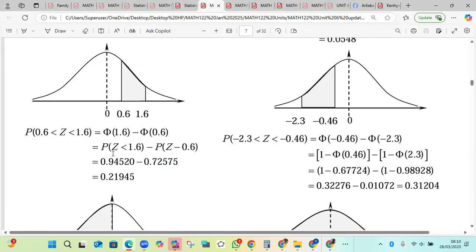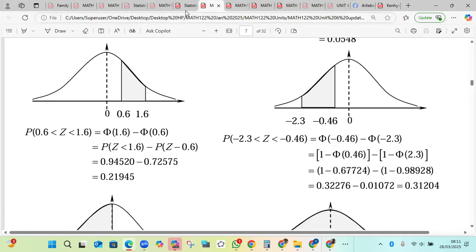The probability that z is less than 1.6 gives 0.9450, and the probability that z is less than 0.6 is a smaller big chunk, which is 0.72575. We subtract the two to get 0.21945, less than 0.5 as anticipated.